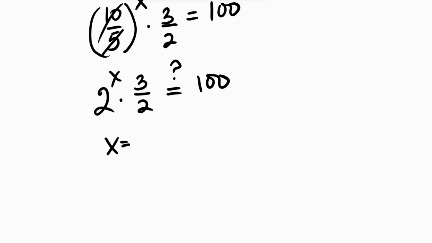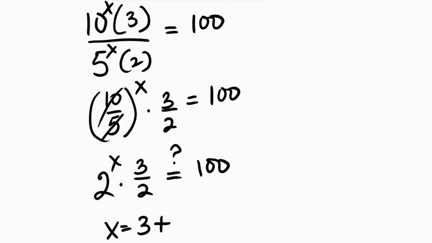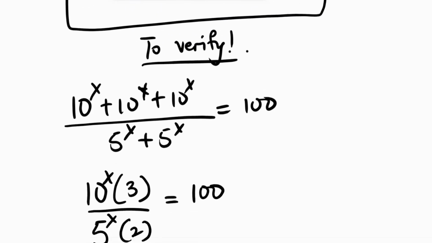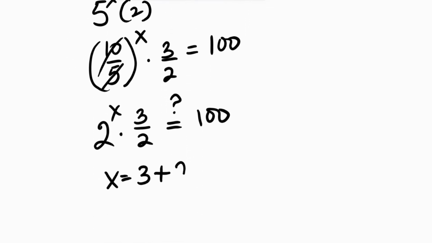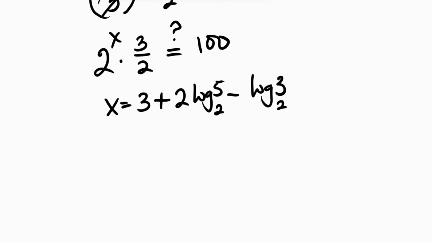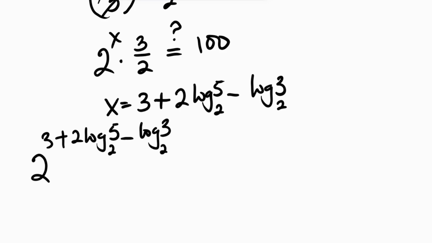Now our x is equal to 3 plus 2 log 5 base 2 minus log of 3 base 2. So now this becomes 2 raised to the power 3 plus 2 log 5 base 2 minus log of 3 base 2 times 3 over 2. And let's see if that's going to be equal to 100.